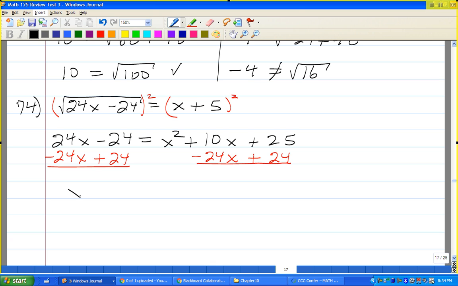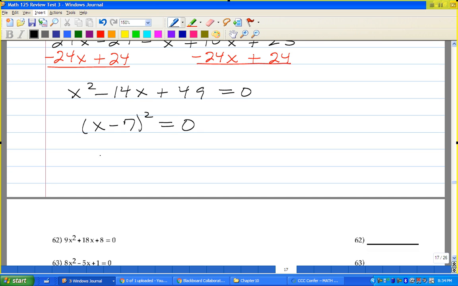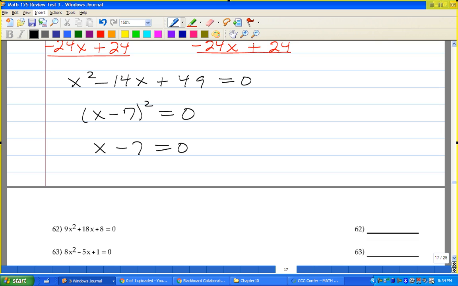And so I get x squared minus 14x plus 49 is 0. I can factor this. This is just a perfect square trinomial. So x minus 7 squared is 0. And so you get that x minus 7 is 0. So x is equal to 7.